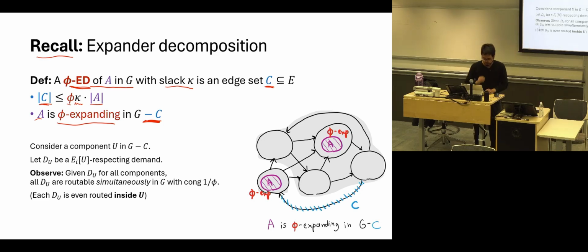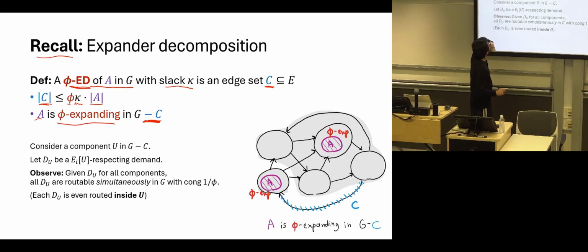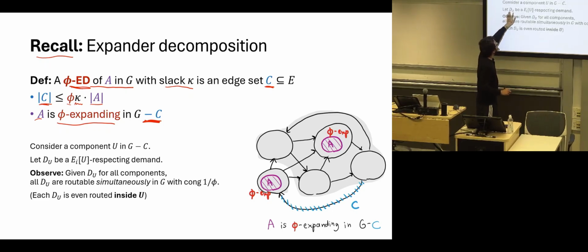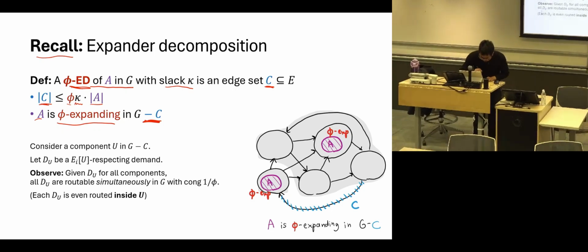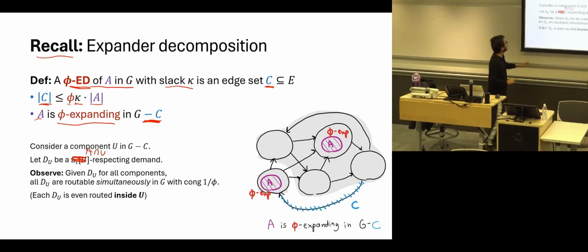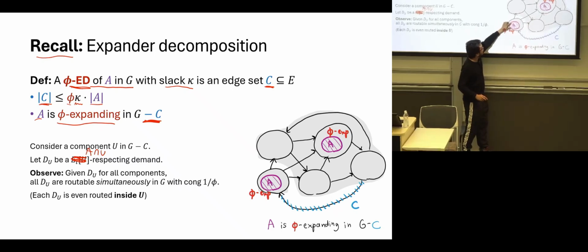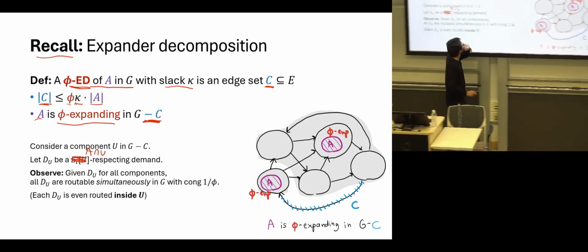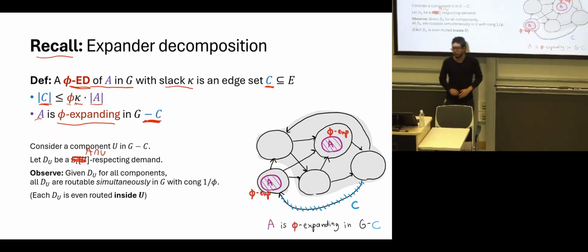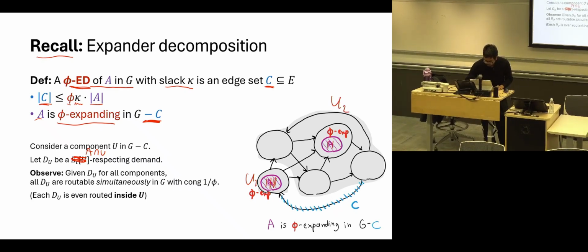But one thing I want to observe is that if we look at any component U in G minus C, and let d_U be the demand of A intersect U, so we look at this component and the demand between A here, and you might have U1, U2, with demand between A here and demand between A here.